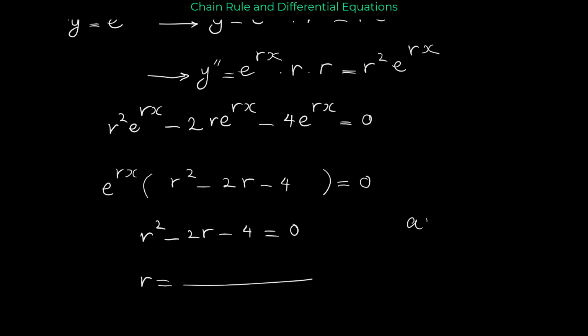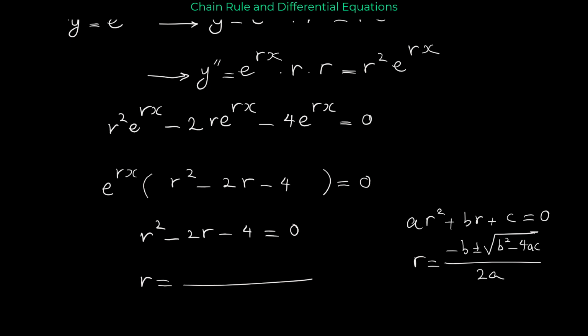Let me remind you of the quadratic formula. When we have ar to the 2 plus br plus c equals 0, r equals -b plus minus square root of b to the 2 minus 4ac, all over 2a.